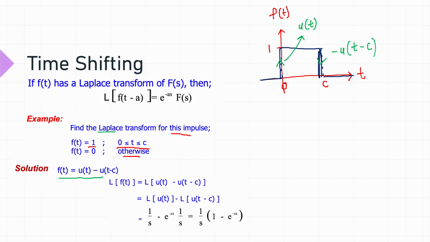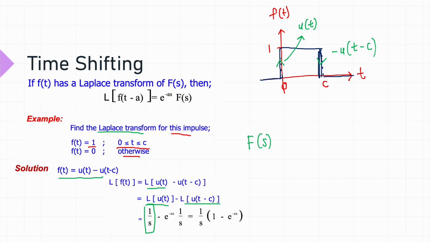The question asks us to find the Laplace transform, meaning that we need to find the F(s) domain. We can separate the equation we obtained earlier into u(t) and u(t minus c). Based on the table, u(t) in the s domain is going to be 1 over s.